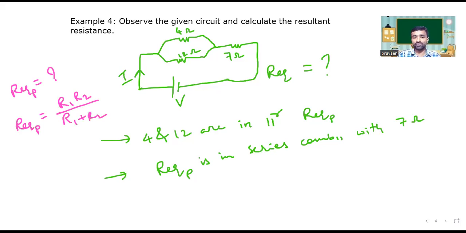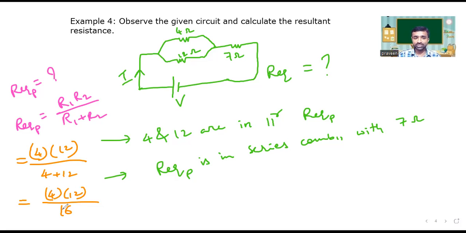Then substitute the values: R1 is 4 and R2 is 12, by 4 plus 12. The denominator is 16 and the numerator is 4 into 12, kept as it is for easy cancellation. 4 once is 4, 4 three times is 12. So what is left is 3. So the equivalent resistance in the parallel combination, REP, is equal to 3 ohms.